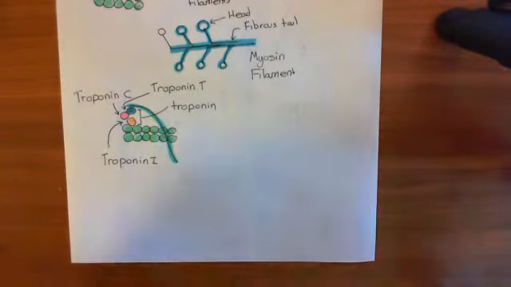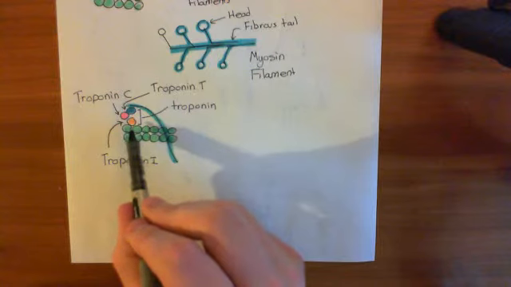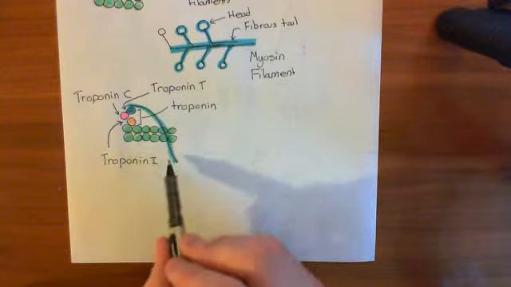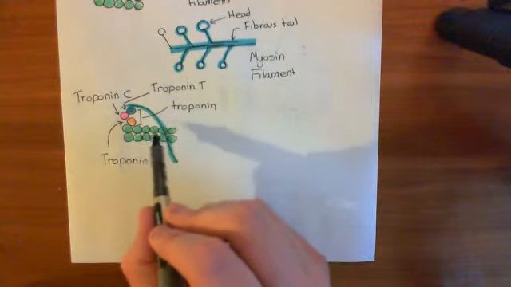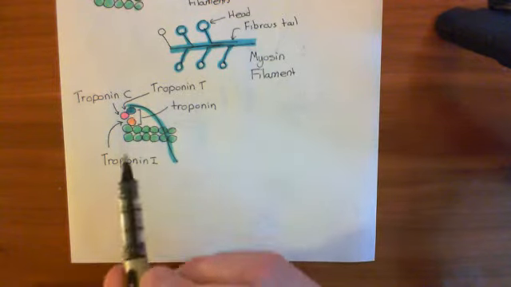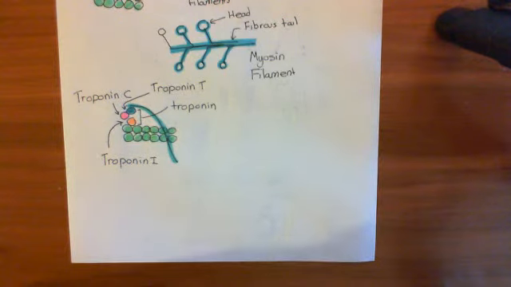Now usually in the resting heart, the troponin I is positioned correctly and is holding the tropomyosin in the correct position, over the myosin binding sites on the actin monomers, and it's stopping the myosin heads from being able to interact with the actin filament.